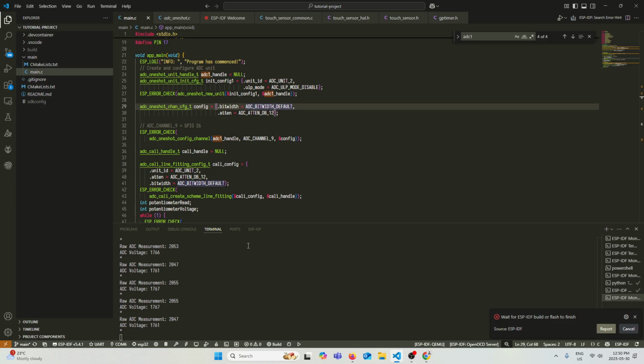So let's look at it at half, around 248-ish, and it'll be 1.761 volts.